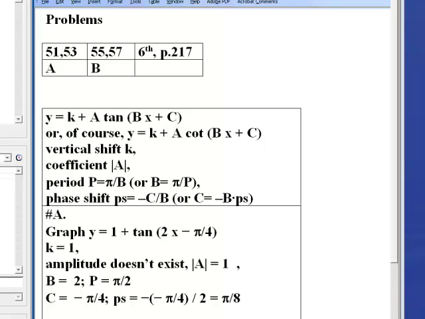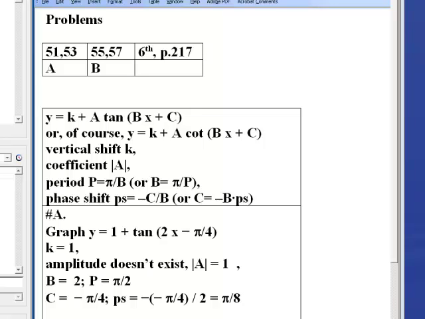Because of that negative in front of it, the cotangent will be reflected about the x-axis. So instead of going down, it will be going up, and therefore the cotangent will really look similar to a tangent.